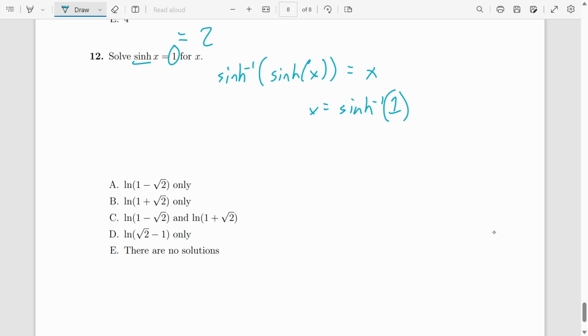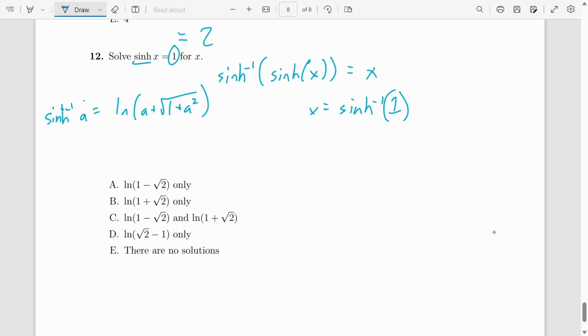So all it's asking you is to remember what inverse sinh means, which is so weird. I don't know why they're asking you about this. Inverse sinh of any value, let's say a, just equals the ln of a plus the square root of 1 plus a squared. Why would you ever need to know that? I have not seen this come up at all yet.